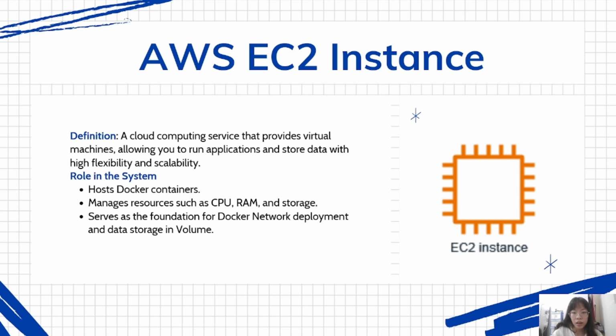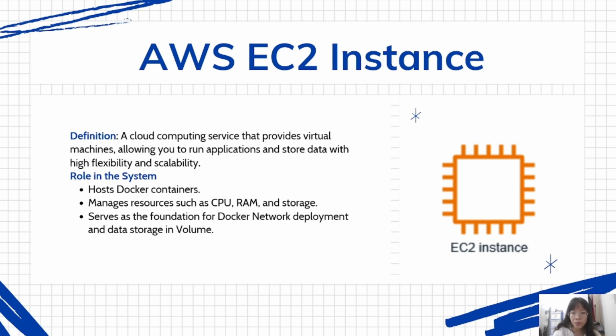It is a cloud computing service provided by Amazon Web Services that enables us to run virtual machines on the cloud. It acts as the primary host for all our Docker containers and handles various resources such as CPU, RAM, and storage.